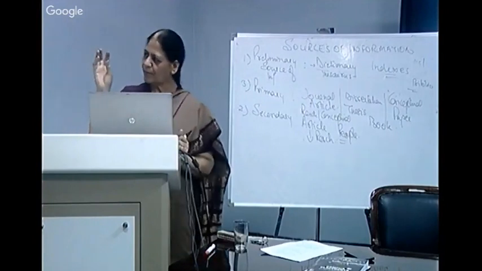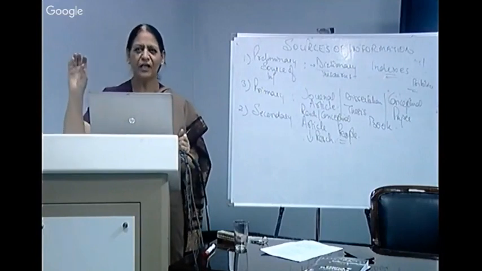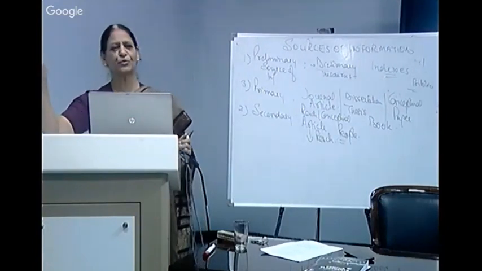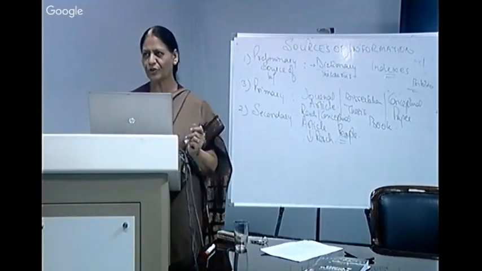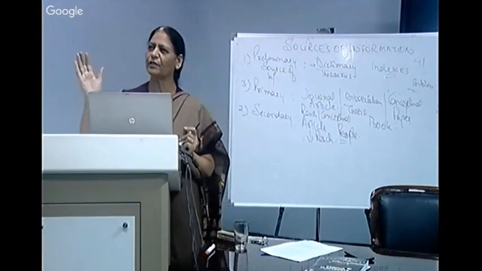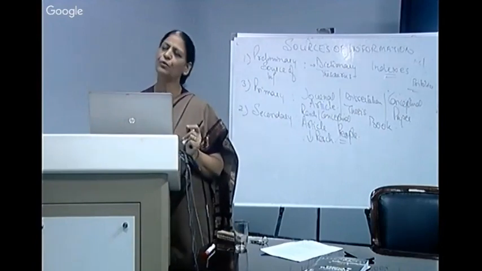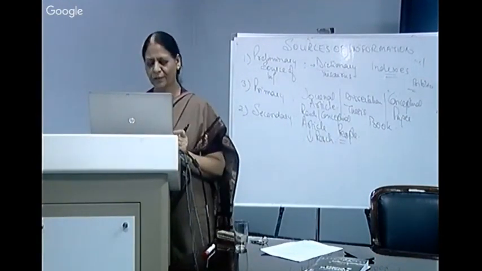Because a preliminary source gives you little information. A secondary source helps you in identifying and locating the primary source of information. So once you are sure it is going to be related to what you are doing, you go to the primary source, read through, and then collate the information.